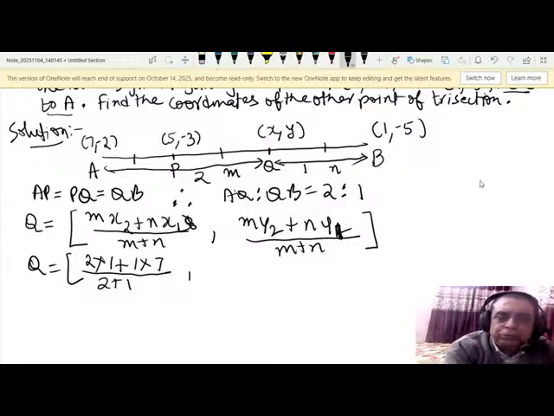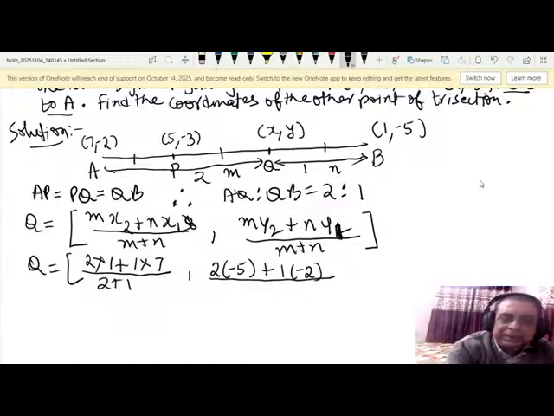Now m y2 is 2 multiplied with the y coordinate of B. So 2 times minus 5 in bracket, plus n value is 1, multiplied with the y coordinate of A. It is 1 times minus 2, whole divided by m plus n, which is 2 plus 1.